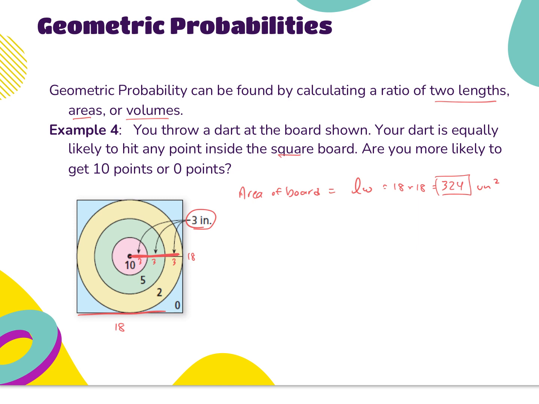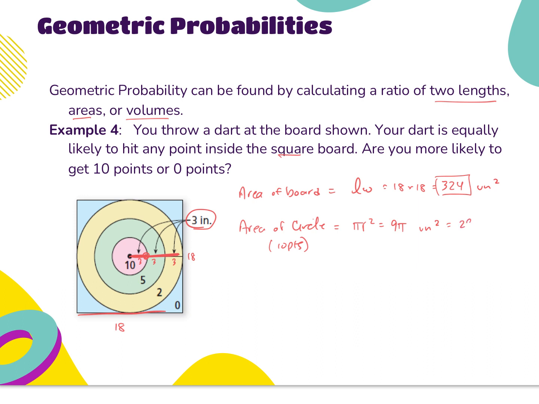So then I come over here and I'm like, okay, what is the area of the circle? Because that's the 10 points, the pink circle, because that's the 10 points they mention. So I know that the area of a circle is pi r squared, and if the radius of this little circle is 3, then it's going to be 9 pi. So let me convert that to a decimal.